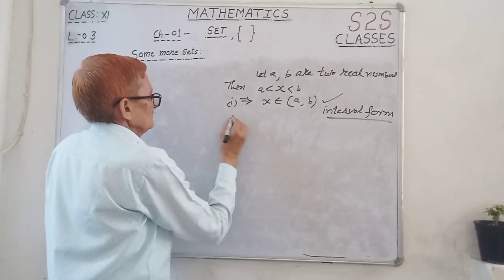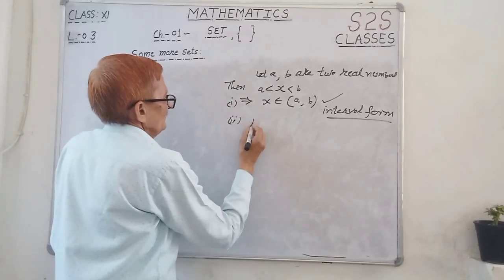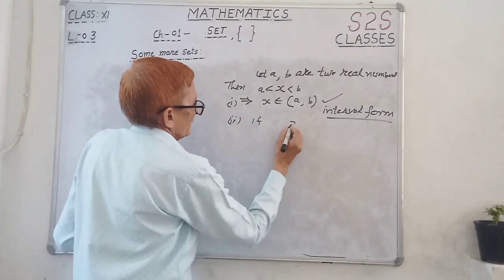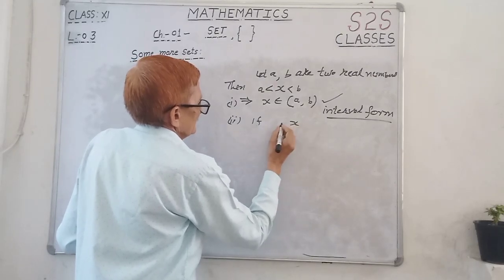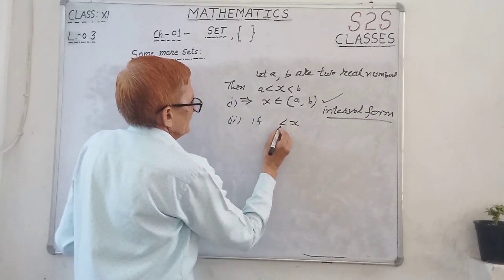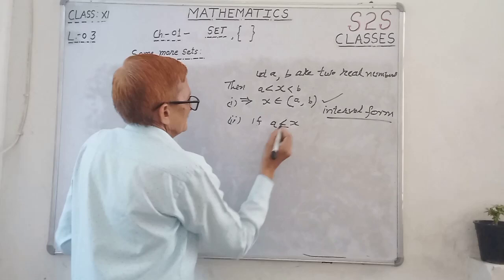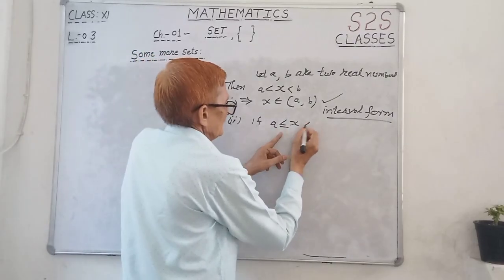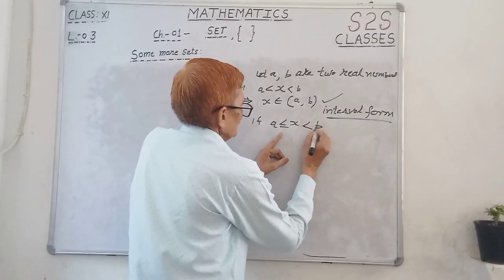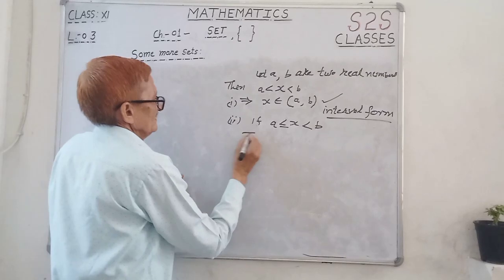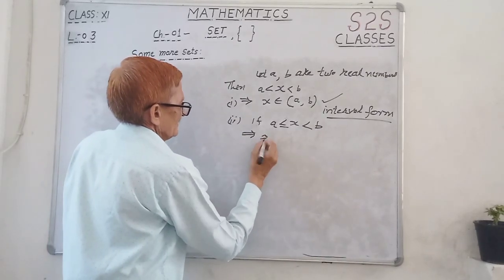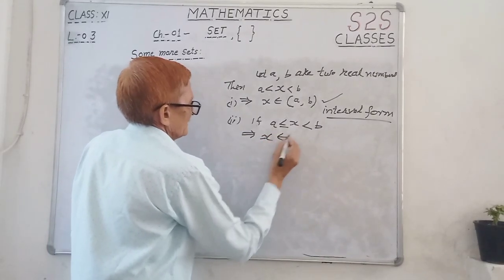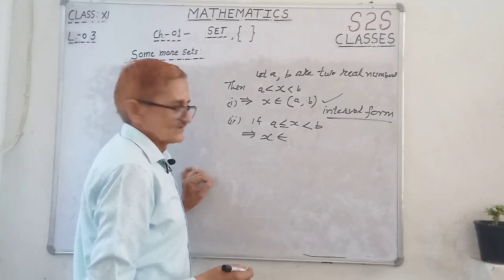Now the second case: if x is a real number, greater than or equal to a and less than b, then this can be written in interval form.